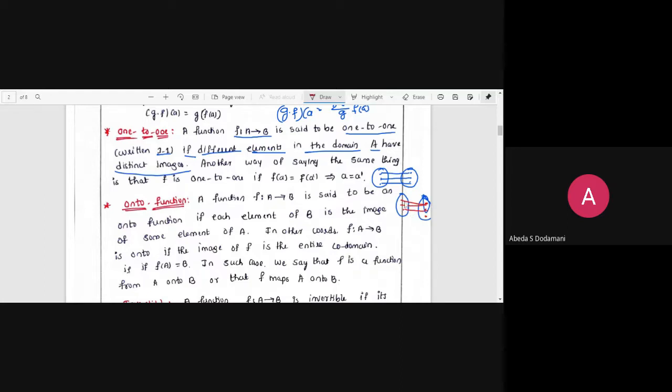This is not 1-1 because 1 and 2 have the same image. So there is no unique image here, but here we have different images. This element has this image, this element has this image. So this function we call a 1-1 function, whereas this is not a 1-1 function, but it is a function. Following, guys?